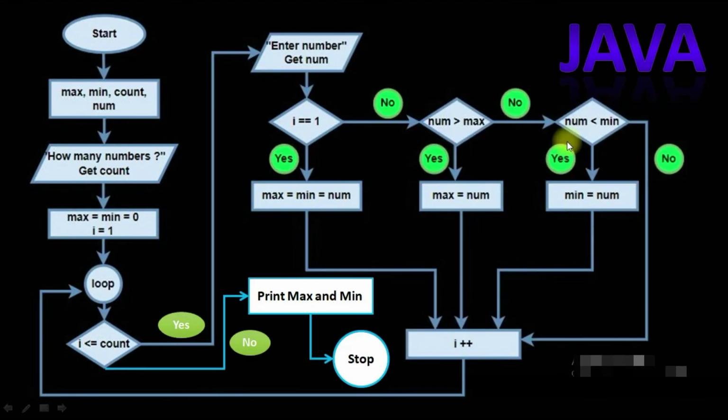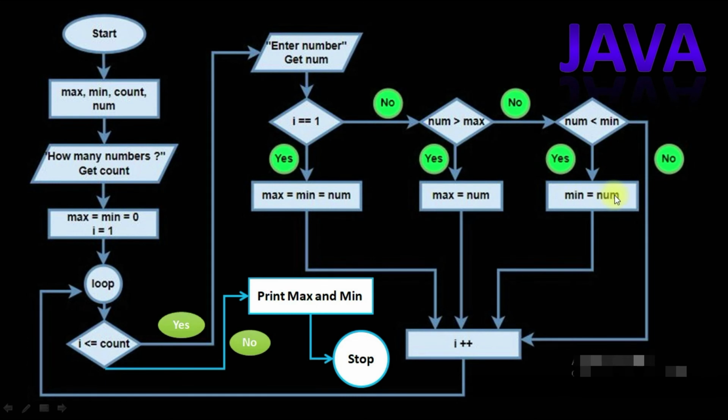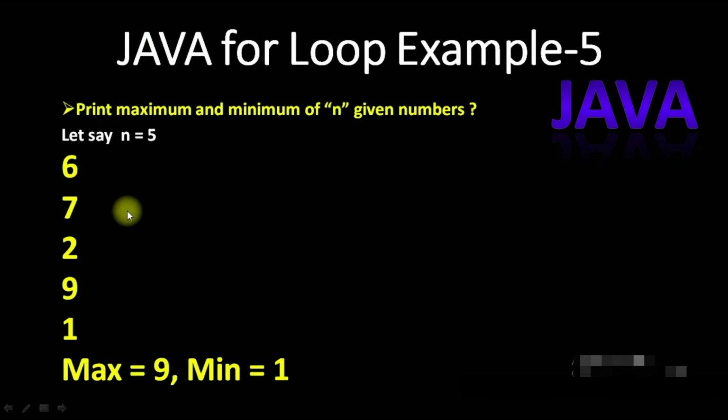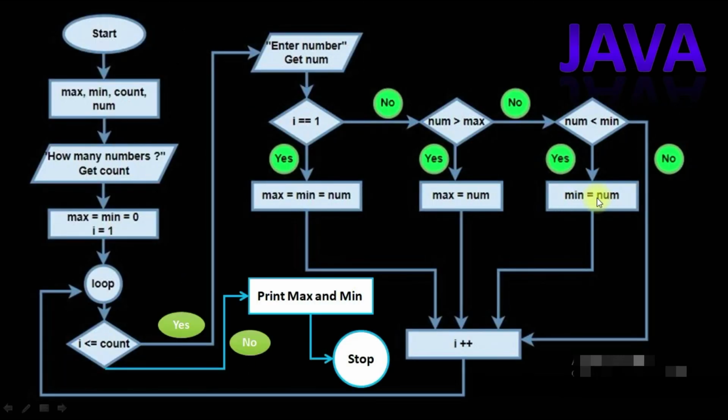So it will check 1 less than 2? Yes, that means the minimum value, that means the min variable, is again overridden with this new value 1. Okay, so now min is equal to 1.